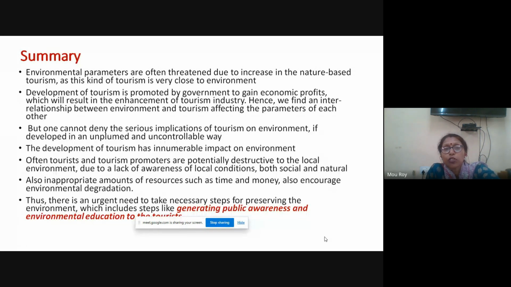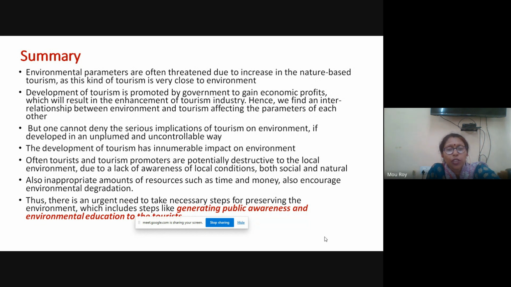So development of tourism is promoted by government to gain economic profits, which would help the tourism industry to enhance. Hence we find an interrelationship between environment and tourism, which affects the parameters of each other.